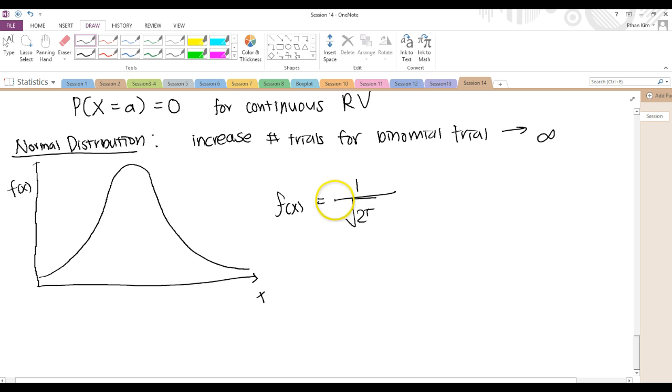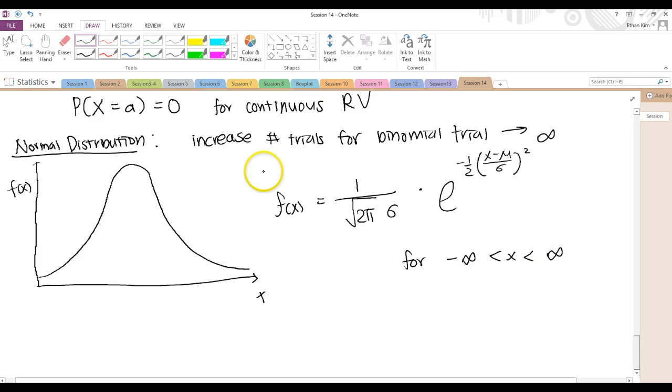This is 1 over sigma times the square root of 2 pi, times e to the negative half of x minus mu over sigma, squared, for x from negative infinity to positive infinity. Alright, so this is the PDF function for the normal distribution, but again, you don't have to know this. You just have to understand how it works.